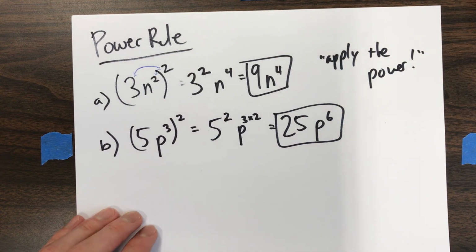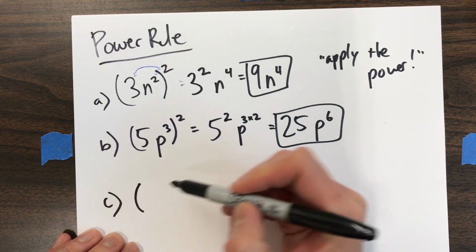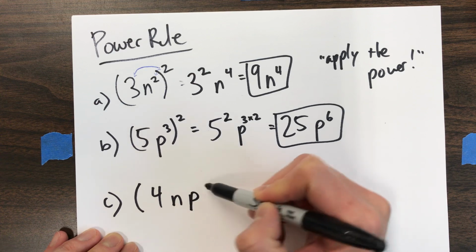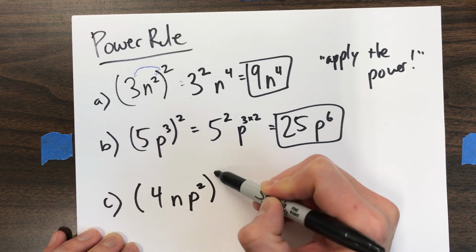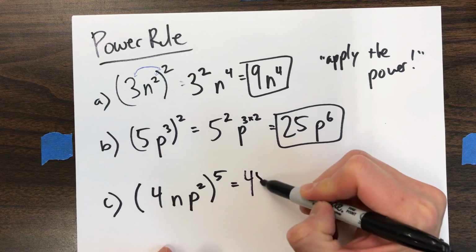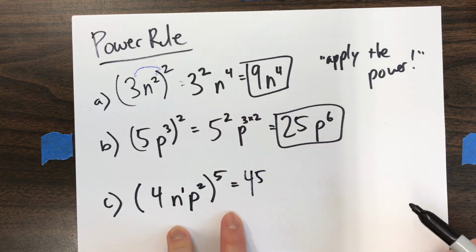Okay, so let's try another example. Parentheses, let's do 4np squared to the 5th power. Okay. So you're going to do 4 to the 5th power, and then remember there's an invisible 1 right there.